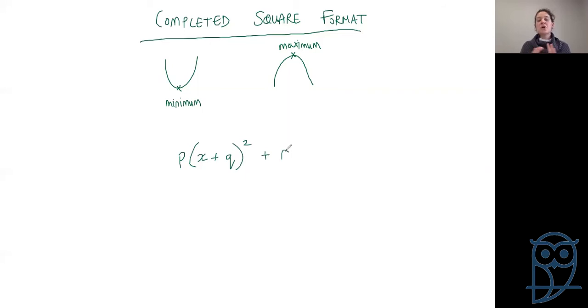What is so completely wonderful when you have your quadratic expressed in the completed square format is that you can go straight from there to the vertex. No calculations needed. From here, your vertex is minus q, so we change the sign of the one inside the brackets, and r. We keep the sign of the one outside the brackets.